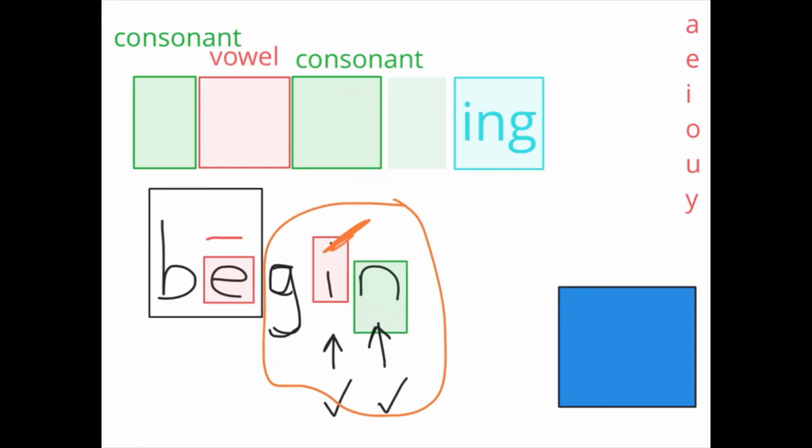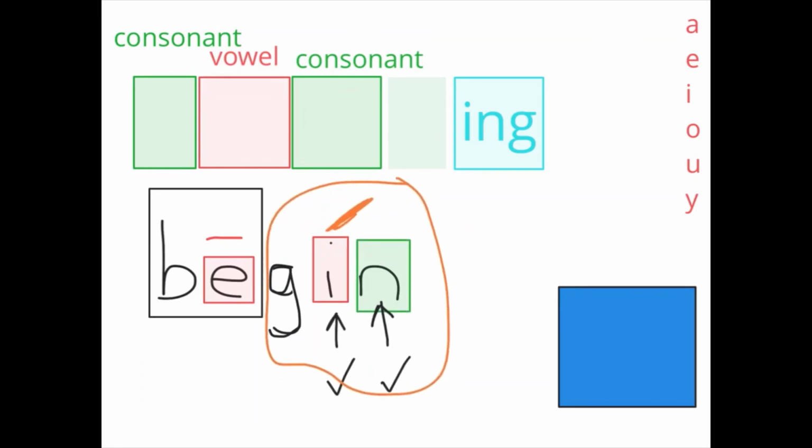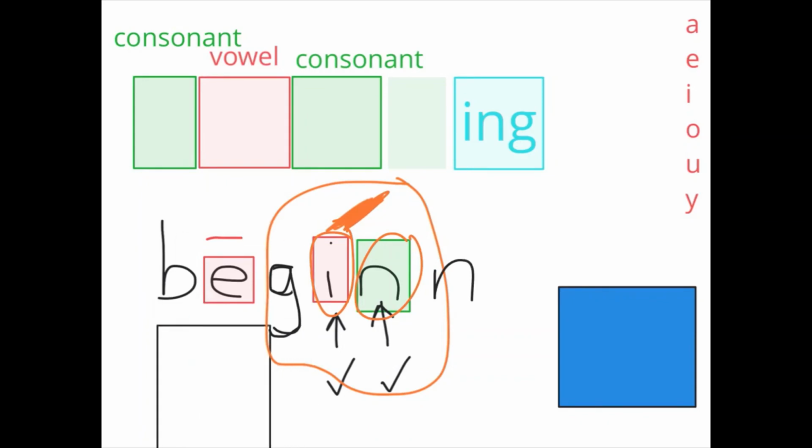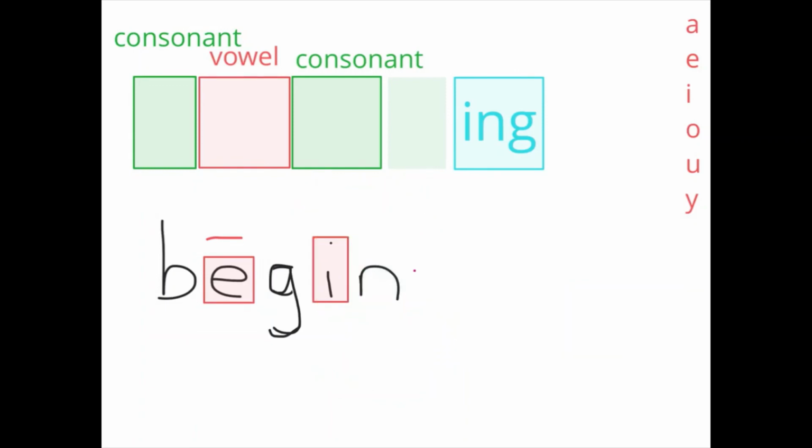This is just one letter. This is just one letter. We accent this last syllable. And so now this is the only time when we are going to double that final consonant and then add ing. So we double this final consonant and then we add our ing, and there's the word beginning.